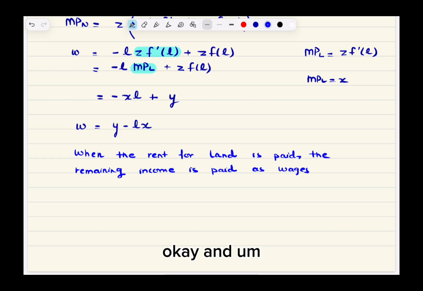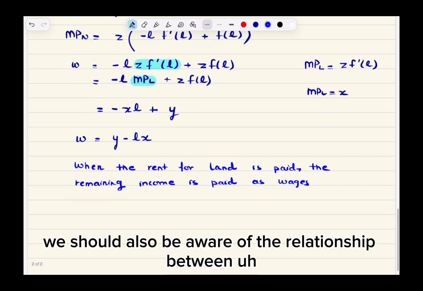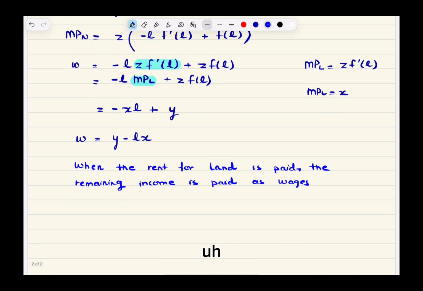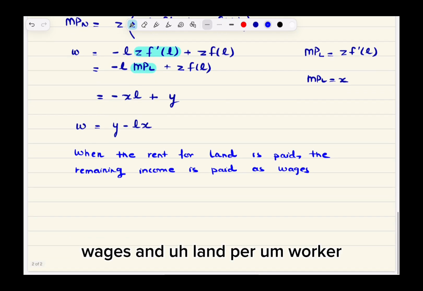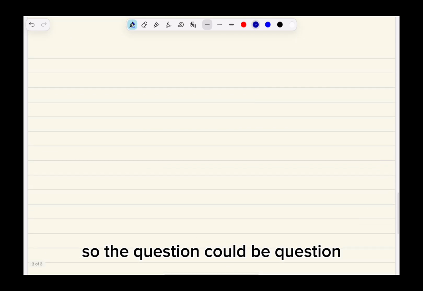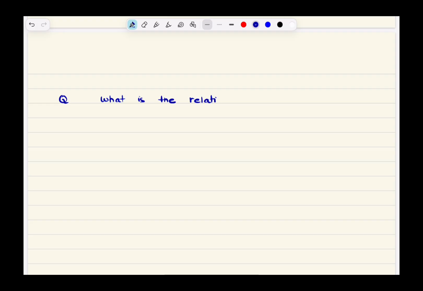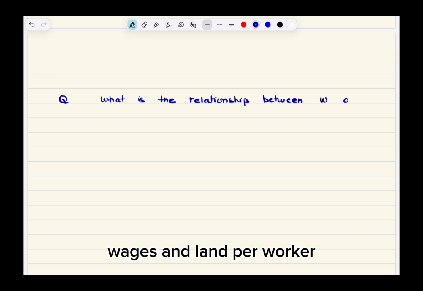Okay, and we should also be aware of the relationship between wages and land per worker. So the question could be, what is the relationship between wages and land per worker?